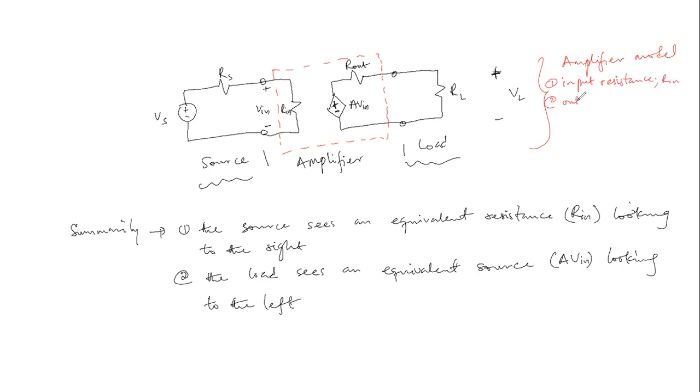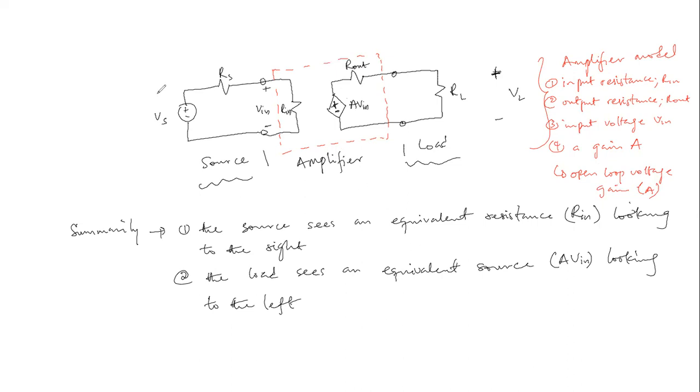Then we have the output resistance, R out. We also have the input voltage, V in, the input voltage, and then we have the gain, A, which is also referred to as the open loop voltage gain. That is A, right? Perfect.